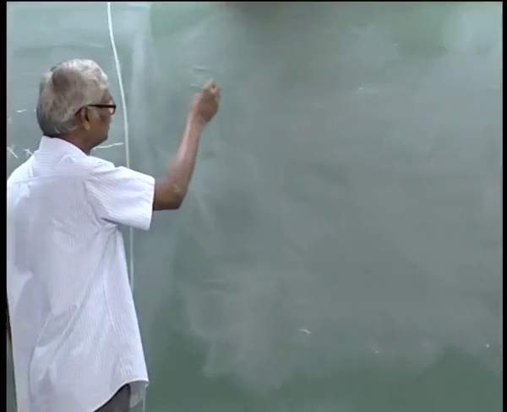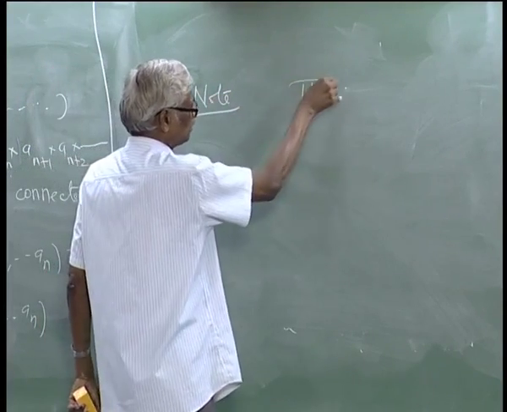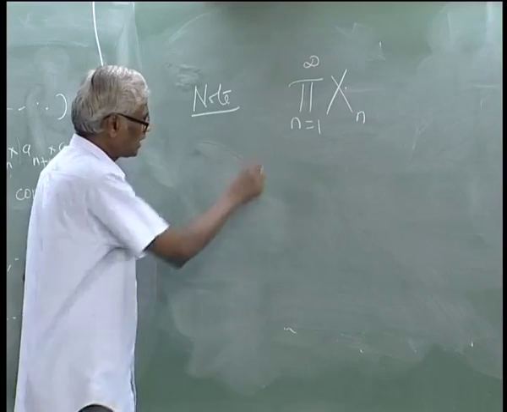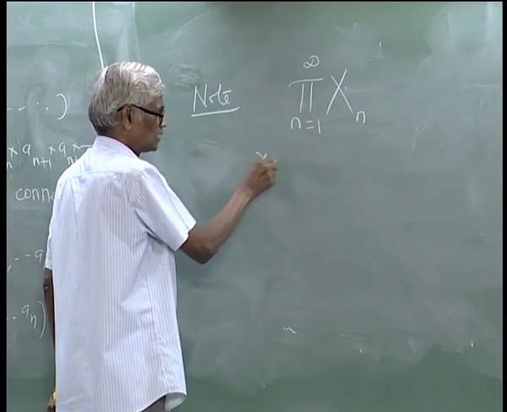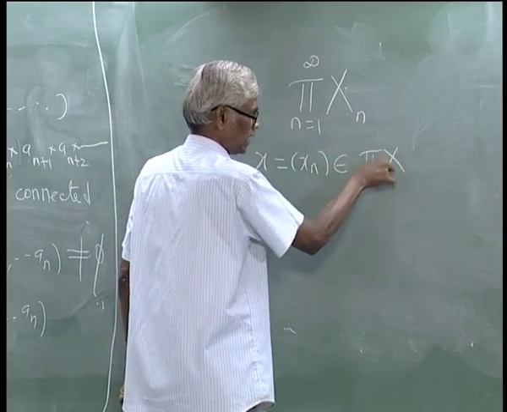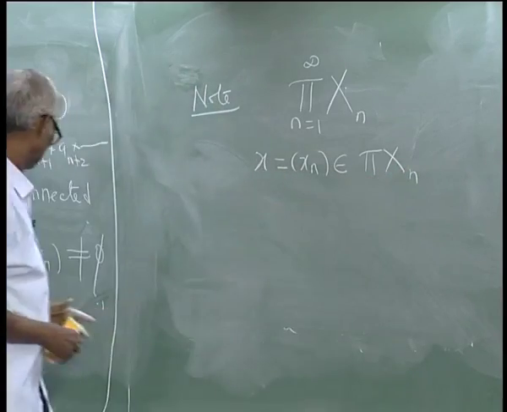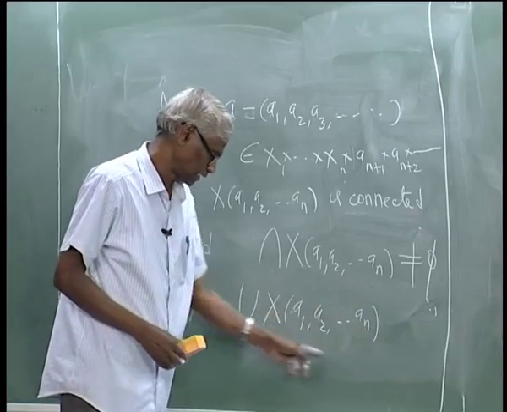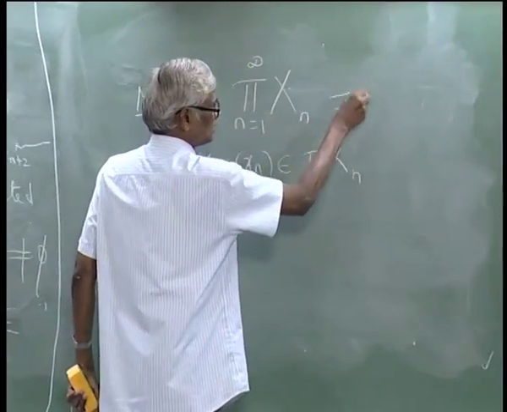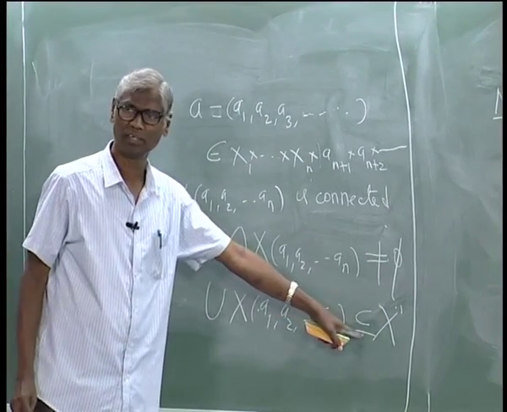So, note that an element in our product is a sequence x equal to (xn), n from 1 to infinity, belonging to the product. Each X(A1, A2, ..., An) is a subset of our Cartesian product, say capital X, hence the union is a subset of X.